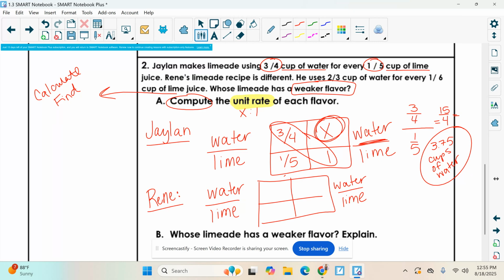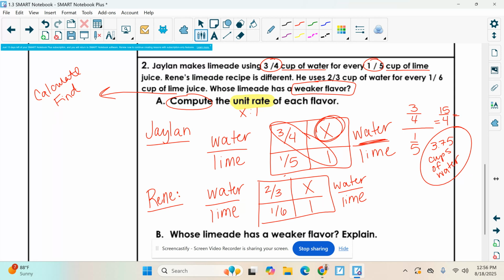We're still trying to figure out how much water is there when he adds 1 cup of lime. Well, how much water does he add? 2/3. And when he adds 2/3 cups of water, how much lime does he add? 1/6.